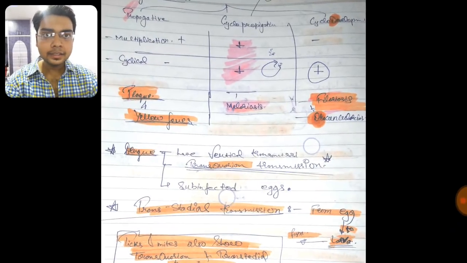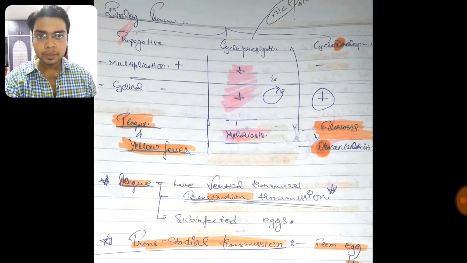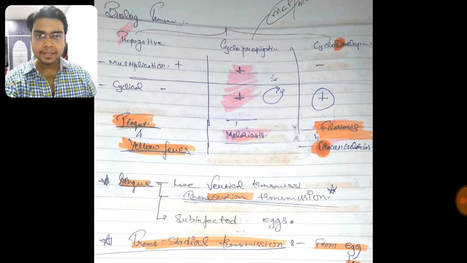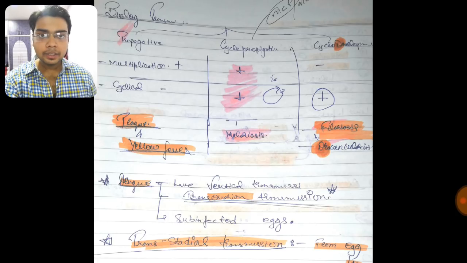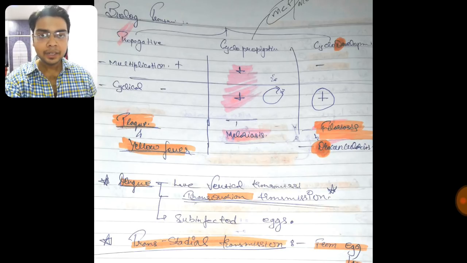Now here you can see 3 types of biological transmission: the propagative, cyclopropagative, and cyclodevelopmental. What they ask is which of the following organisms or diseases follows cyclodevelopmental. So filariasis and dracunculosis follow cyclodevelopmental. It means that they do not multiply but show different developmental stages.